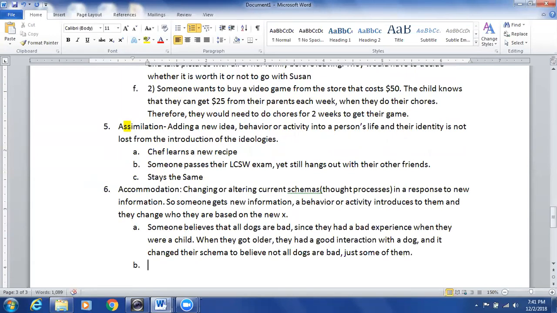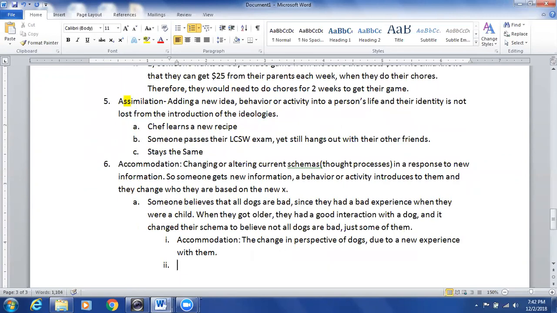So the accommodation there would be the change in perspective of dogs due to a new experience with them.